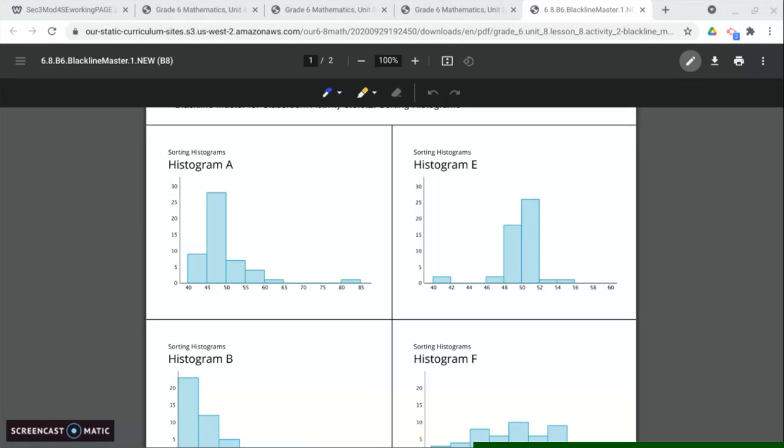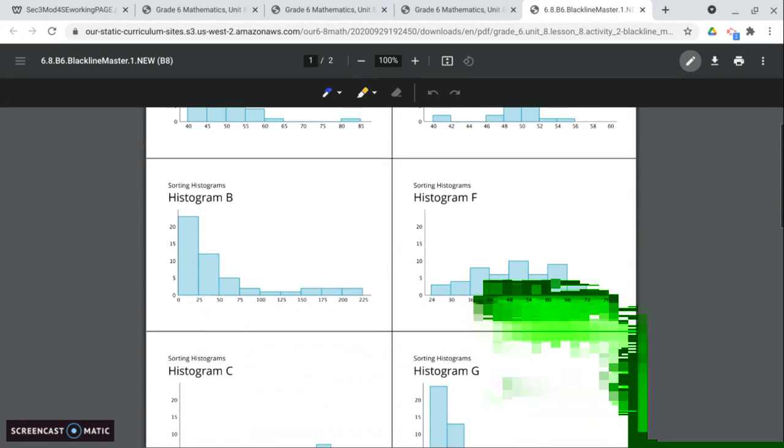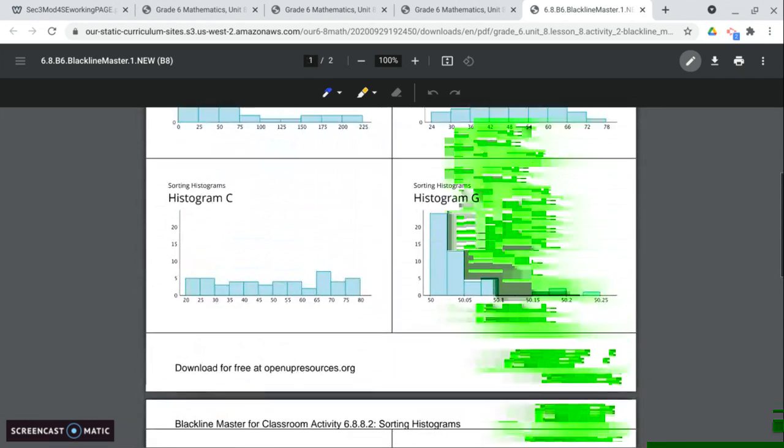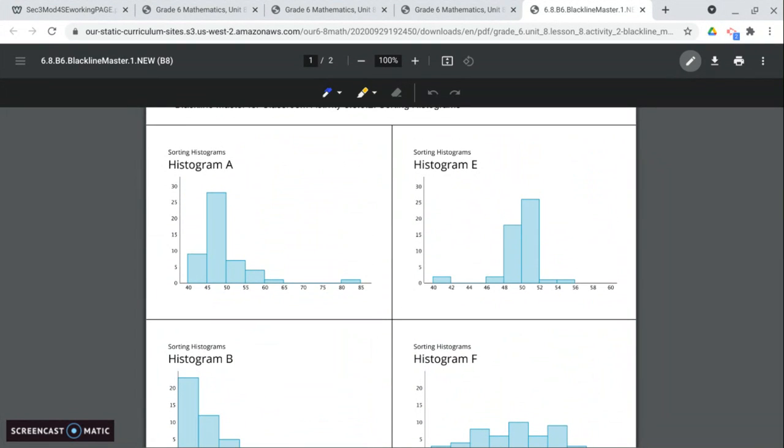Now, I know you don't have what we are looking at right here. This is sorting histograms, a set of cards that, if we were in person, we would get to take and go through. We want to look at the histograms that are symmetrical versus those that aren't symmetrical. So we're going to decide which ones look like they are symmetrical.